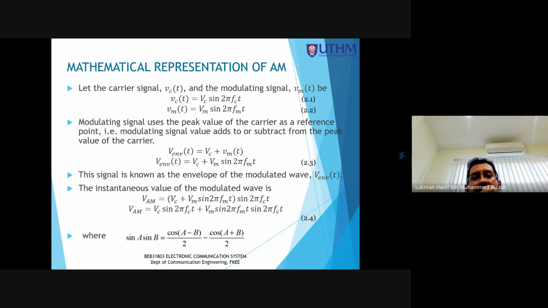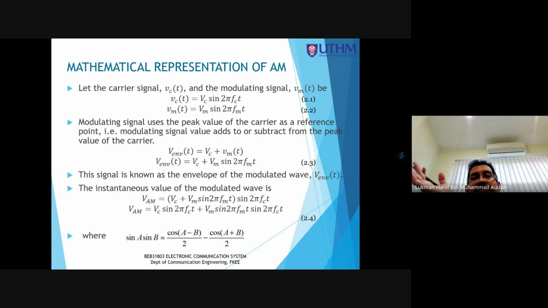If you see these equations, don't be stressed. This is a simple equation actually. In this subject, in terms of mathematics, you're going to see that this is a bit complicated, only this part.